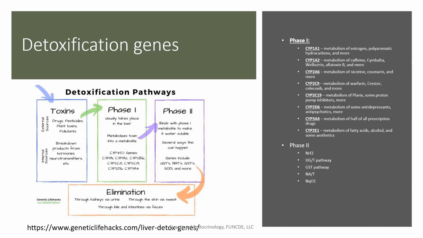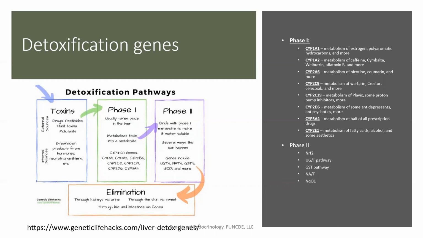So if you know your genetics, you can be aware of which medications you want to use, smaller doses or higher doses, more frequent or less frequent, because it plays a super important role in the choice of different medications.